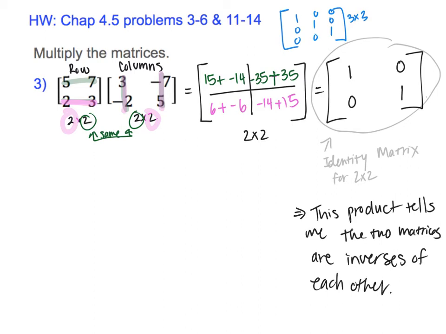So that's one way you can check if matrices are inverses of each other: multiply, and if you get the identity matrix, that confirms that they are inverses of each other.